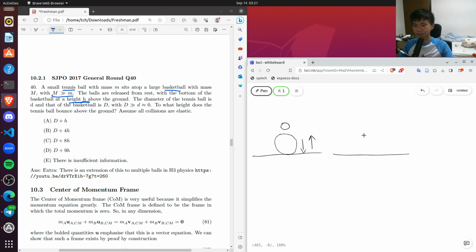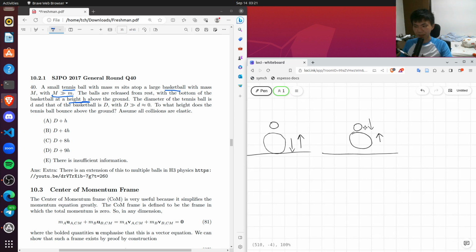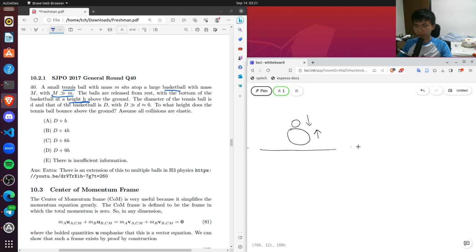And then after that, the two objects are now going towards one another, right? Now there's an elastic collision, and the basketball transfers momentum, and after that the basketball will be like this, and the tennis ball would move up at a much higher velocity.